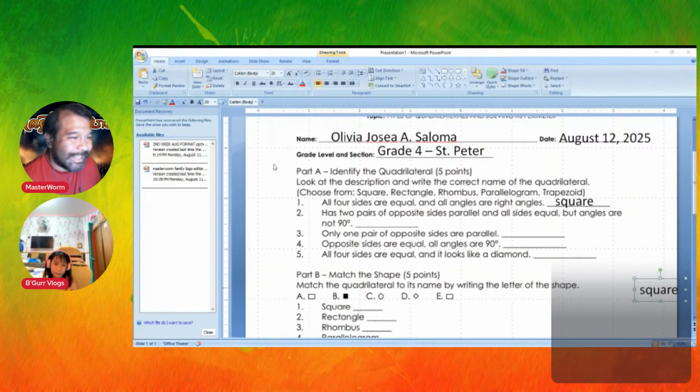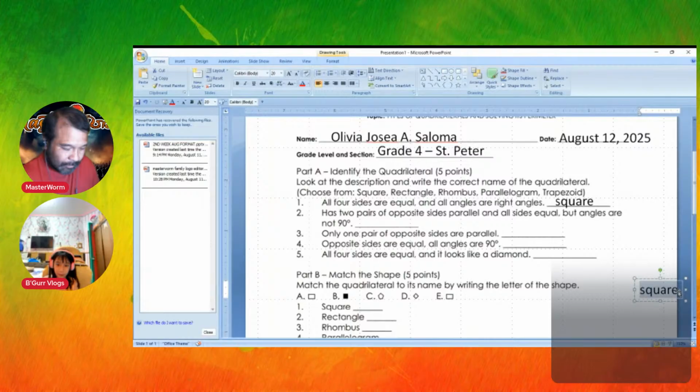What is that? Do you know what it is? It is a rhombus. Daddy, I said rhombus earlier. Yes, I know. It is a rhombus. So I'll write here rhombus. Okay.